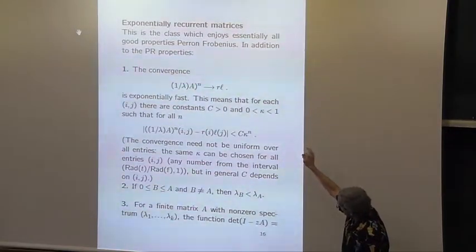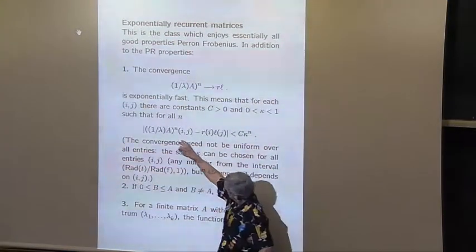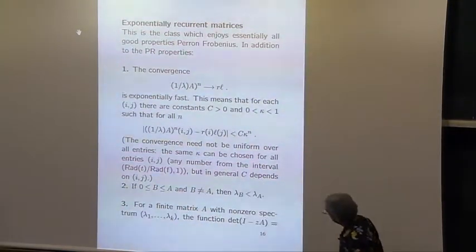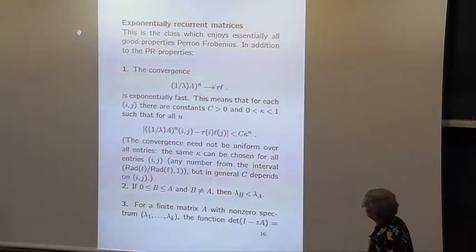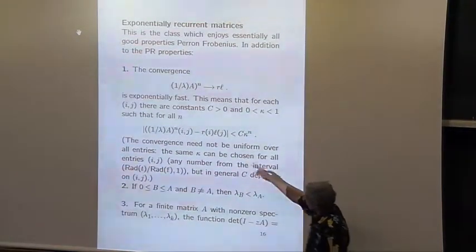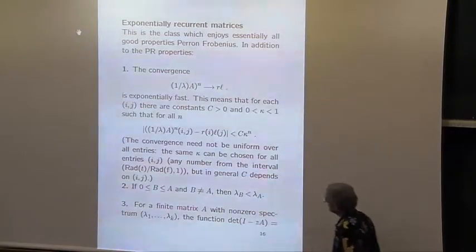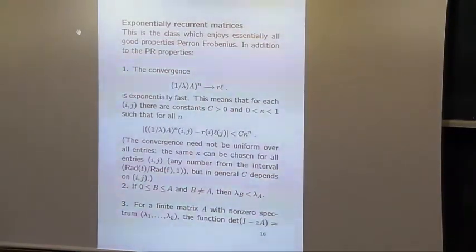Which means, of course, that for each entry there are constants c greater than 0 and 0 less than kappa less than 1, such that for all n, if we take the difference between 1 over lambda A to the n in that entry minus RL in that entry, that's smaller in absolute value than c times kappa to the n. Okay.